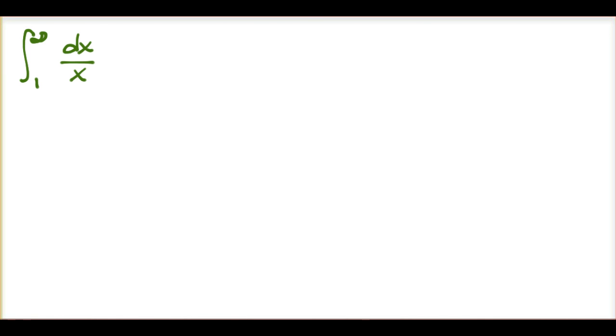Now again, that's an improper integral, so we're just going to rewrite that as 1 to b of dx over x. If I evaluate that integral, I will get the natural log of x, and I'll evaluate that from 1 to b.